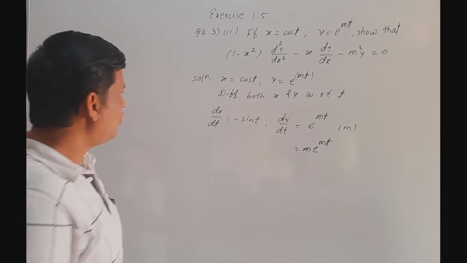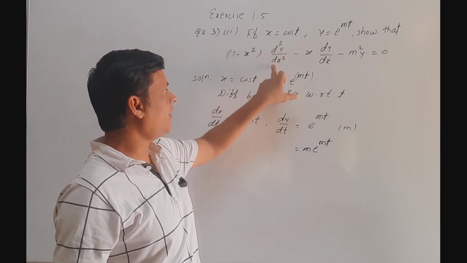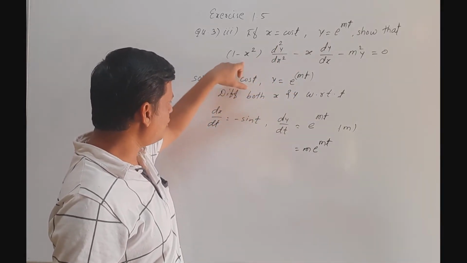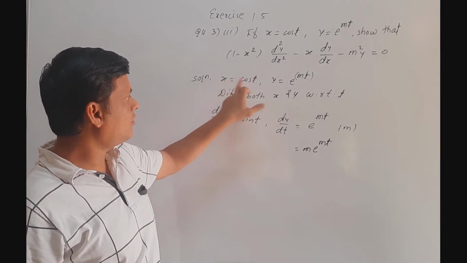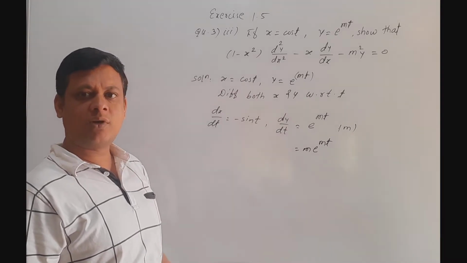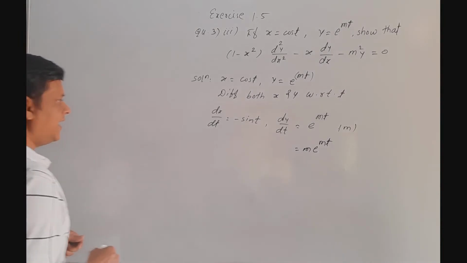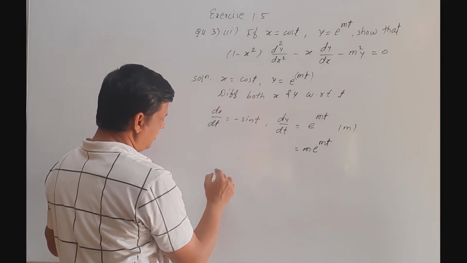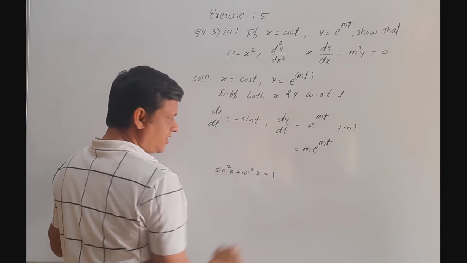Now we have to show here in derivative 1 minus x square into d2y by dx2. So when this 1 minus x square is possible, that means we have to replace this value cos t, and here we get a sin t. So we have to convert that sin in terms of cos. So for that we use an identity. We know that sin square x plus cos square x is equal to 1.